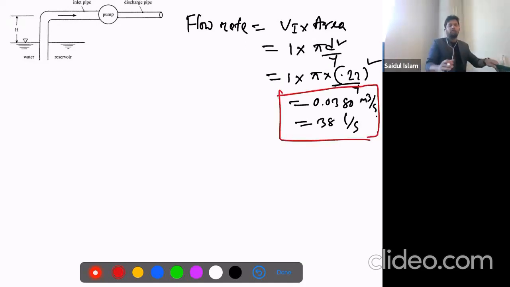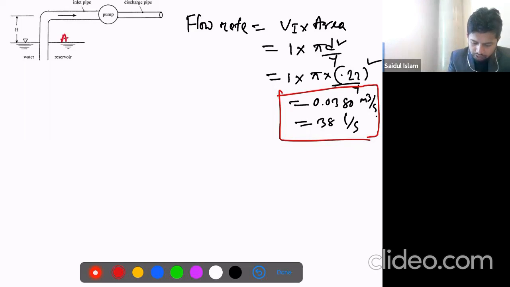Second part, we do not need much time to solve it. Hopefully we have time. Let me check what I said earlier. We said this is point A, this is I, this is E. The second part of this problem is asking about the pumping power.